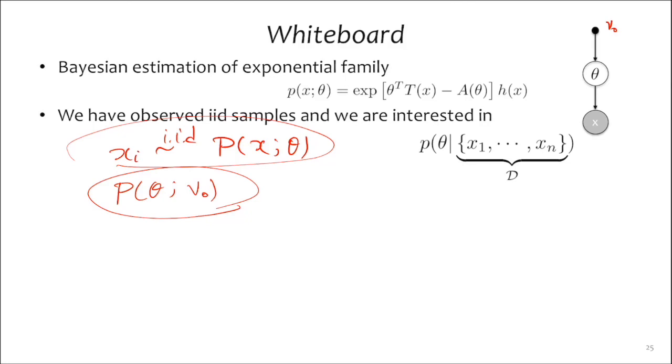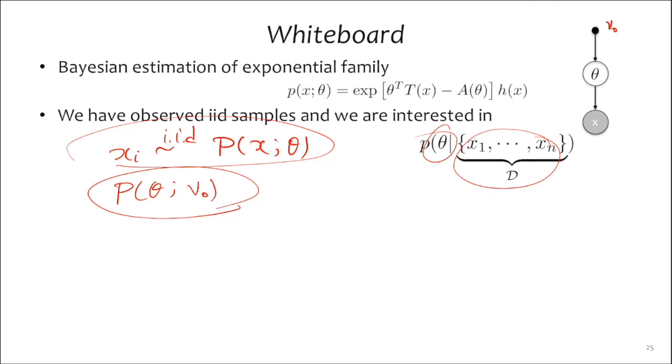What I'm interested in is not estimating one point for theta. I'm not interested in just maximum likelihood estimation. I want to see, given this data that I have, what is the density of theta after observing this data set? So this is basically the Bayesian point of view, and we are going to see how the exponential family helps us compute this posterior in closed form.